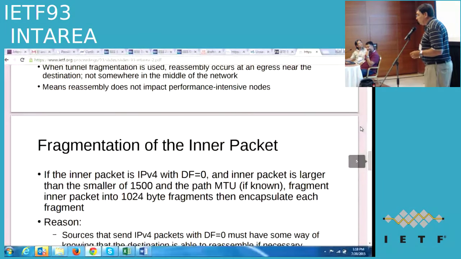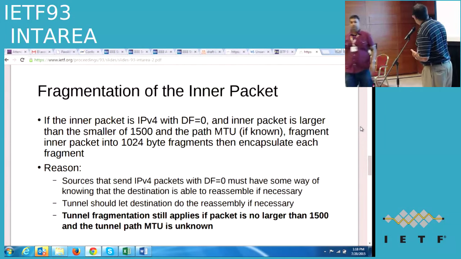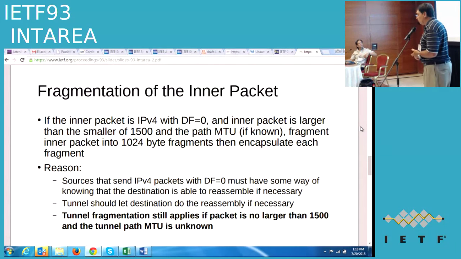So then there's fragmentation of the inner packet, and this only applies to IPv4. When the tunnel ingress receives an inner packet with DF equals 0, if the packet is larger than the smaller of 1500 and the path MTU, fragment the inner packet into 1024 byte fragments and encapsulate each fragment. The reason for this is that sources that send IPv4 packets with DF equals 0 have to have some way of knowing that the destination is able to reassemble.